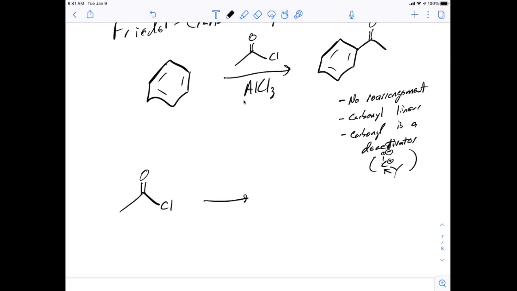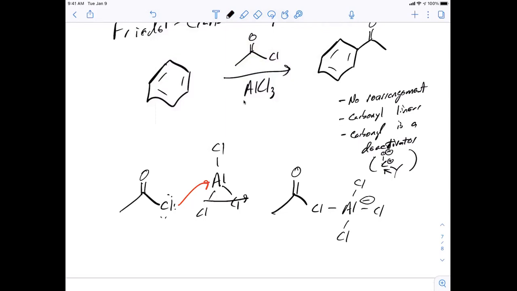We could bring in our Lewis acid and react that. So our lone pair here reacts with that group. That gives us the group attached. Then there's a couple of ways to think about it. I'm going to show you the way where the electrons come down.